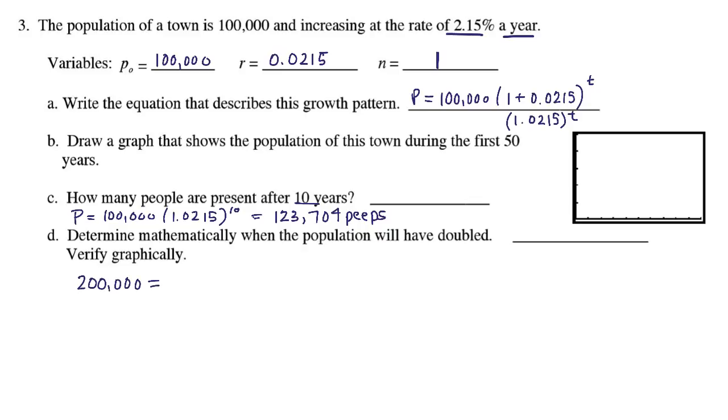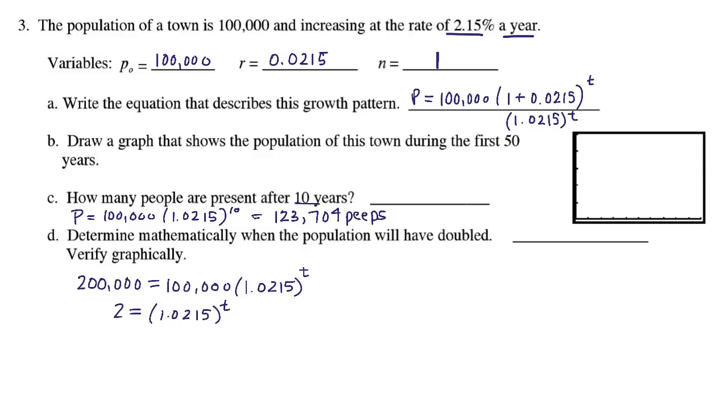And that's going to be equal to our 100,000 times our rate, 1.0215, raised to the t power. And again, we're going to go through and solve for t. So simplifying, go ahead and divide by 100,000. So 2 equals 1.0215 raised to the t power.